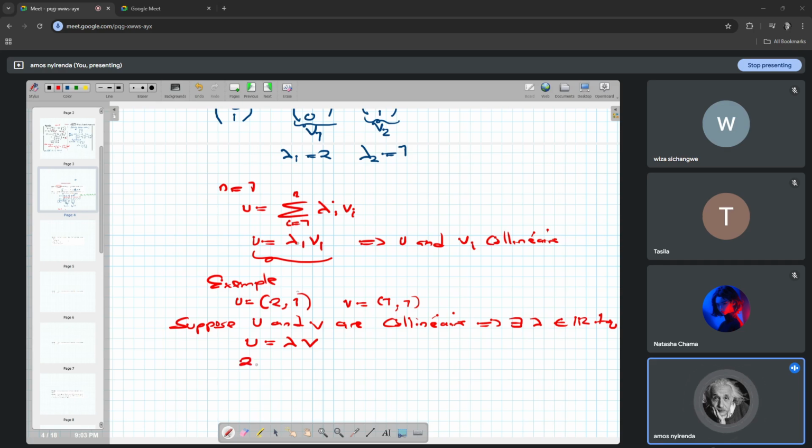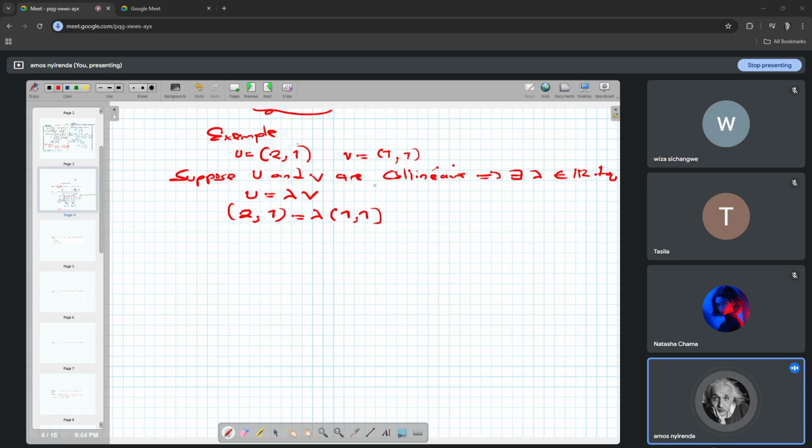Now u in this case is (2, 1), and then lambda, and then v is (1, 1).